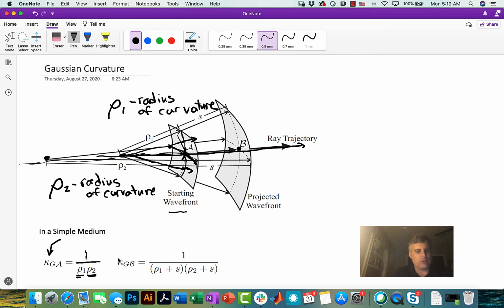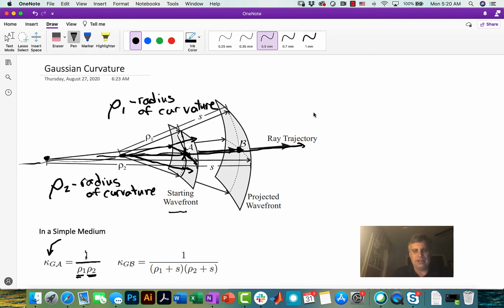That's how we define it. 1 over rho sub 1, 1 over rho sub 2. And of course, if we ray trace the next phase front here, what we find is the Gaussian curvature at point B is defined in the same way, and it will be related to point A.